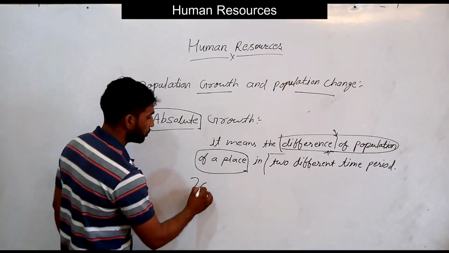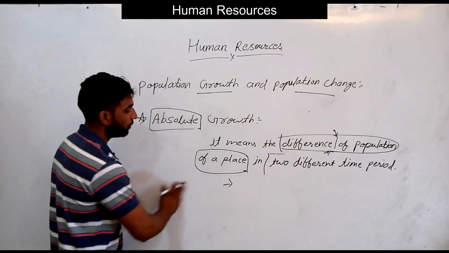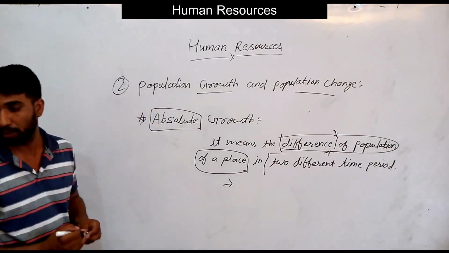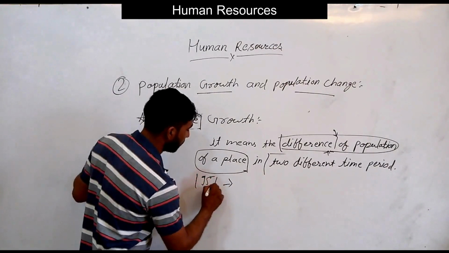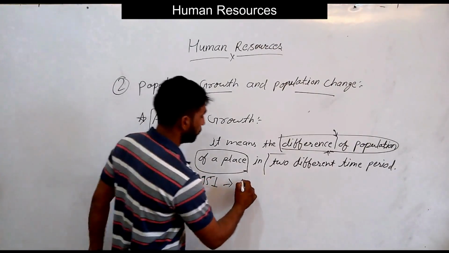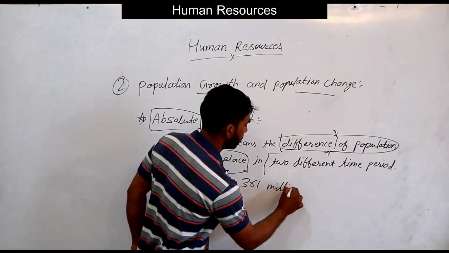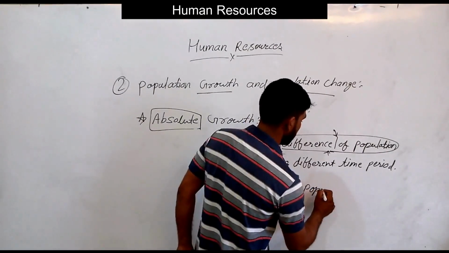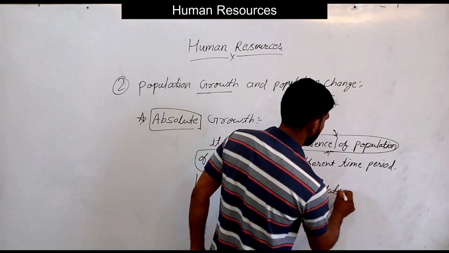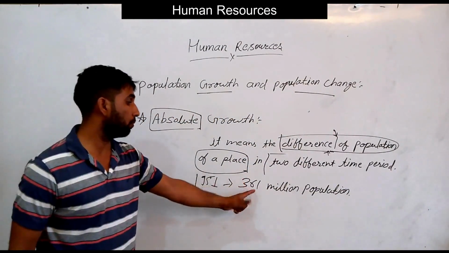For example, in 1951, after independence, India had 361 million population.